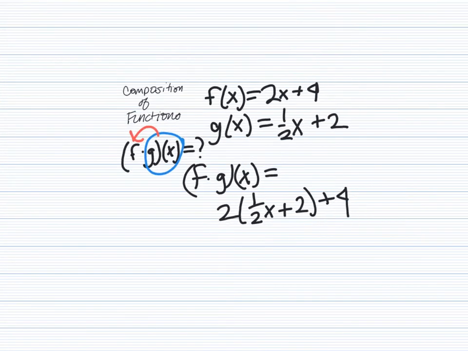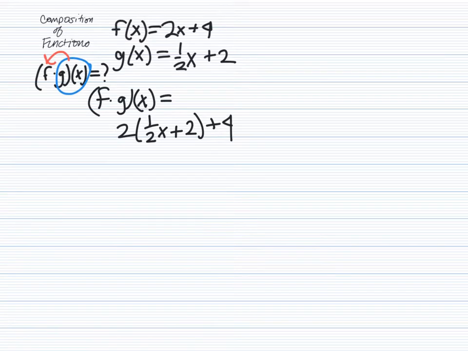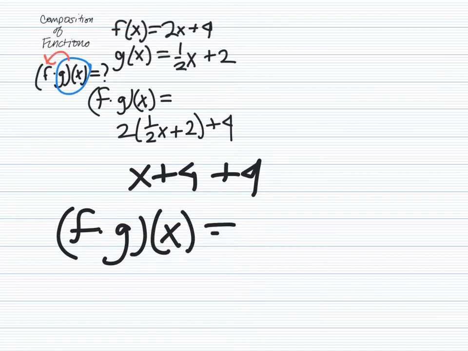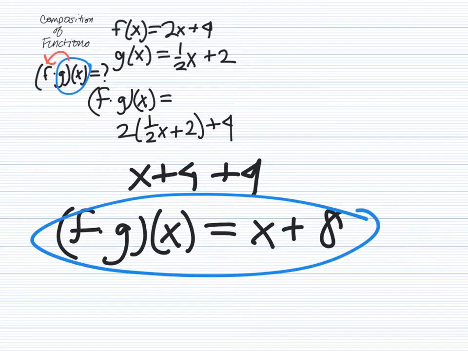And then we can start simplifying that. So that would then be x plus 4 plus 4. So then f of g of x equals x plus 8, and this would be your answer.